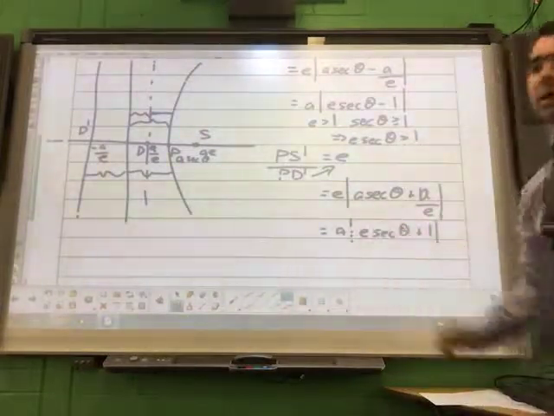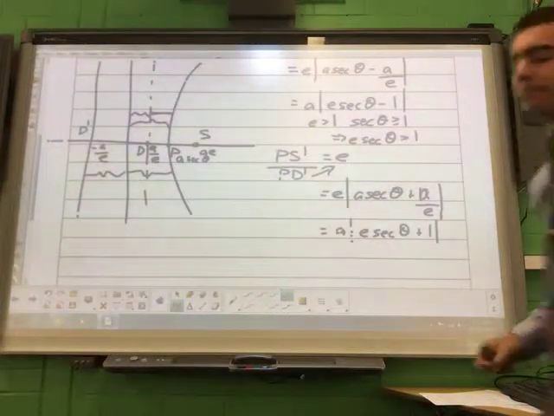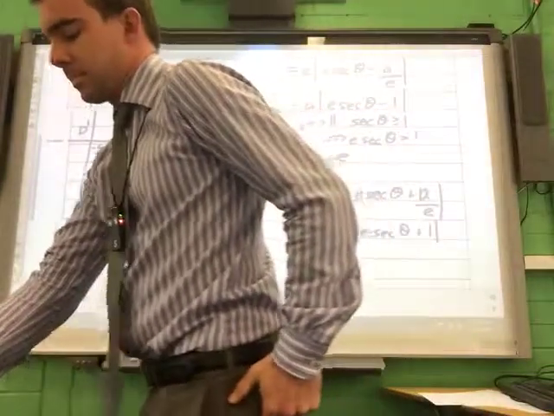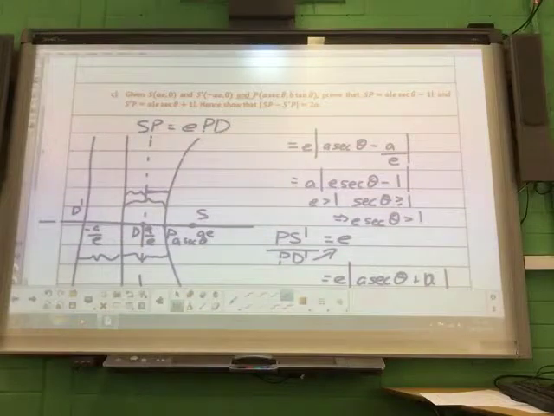We've already established that E sec theta is greater than 1, so a number greater than 1 plus 1 will have an overall result of a number greater than 1. So we've shown that result.